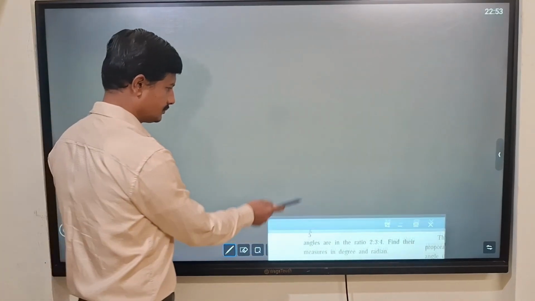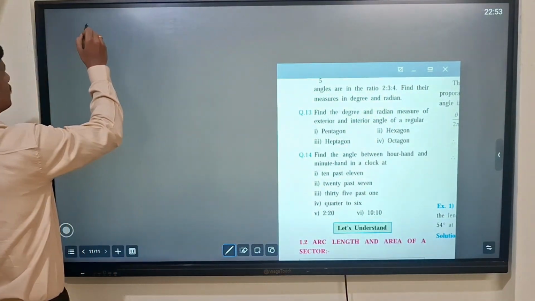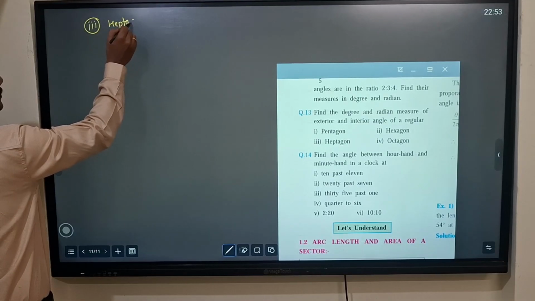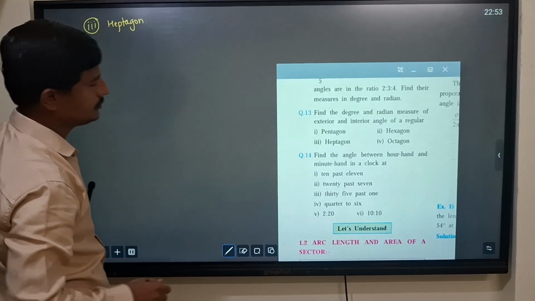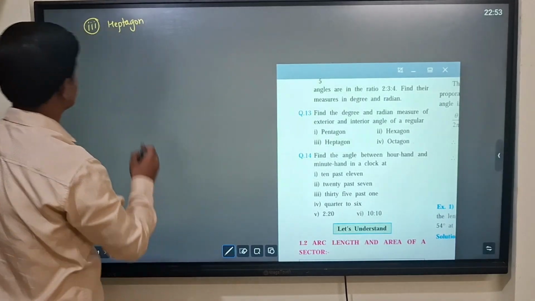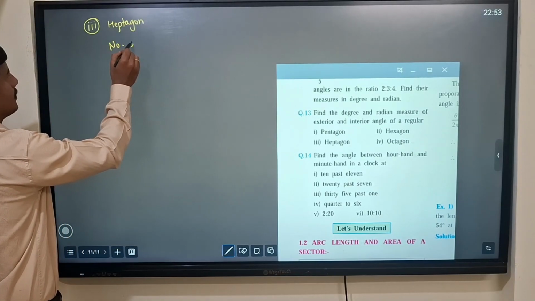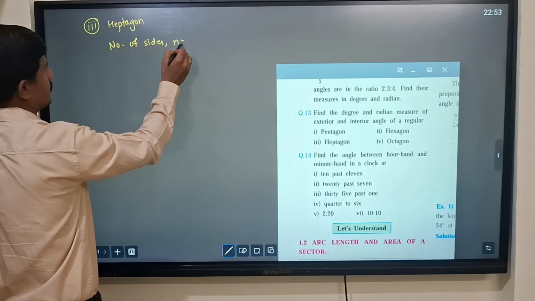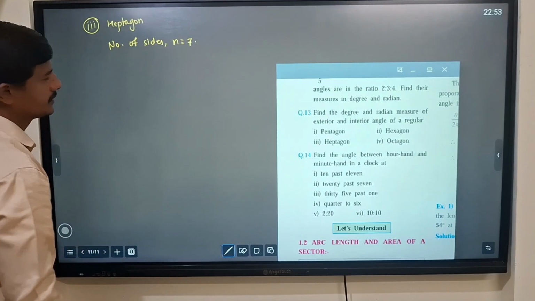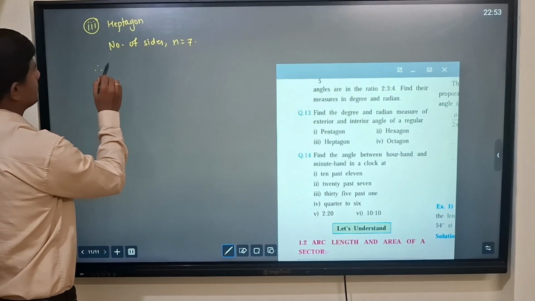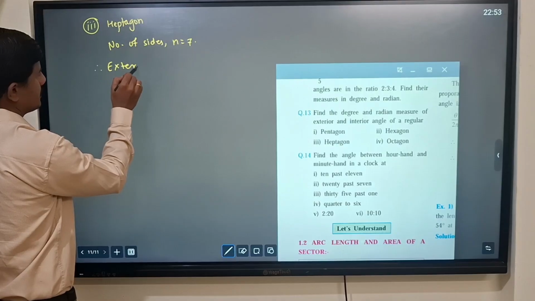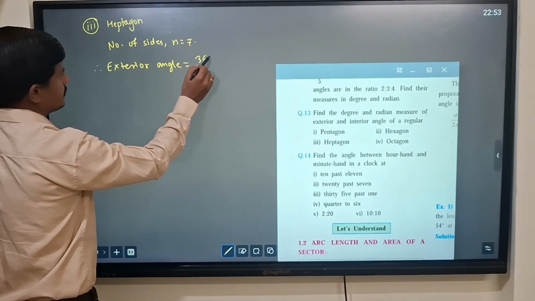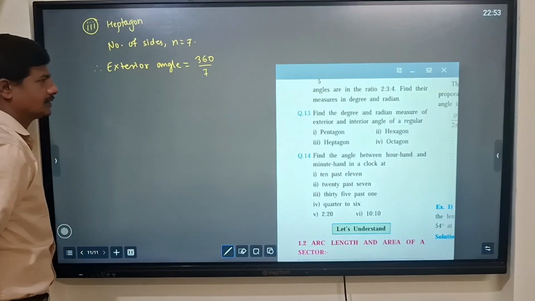Next, for heptagon. Number of sides n equal to 7. Therefore, exterior angle is equal to 360 divided by 7.